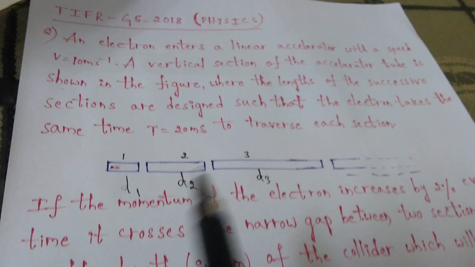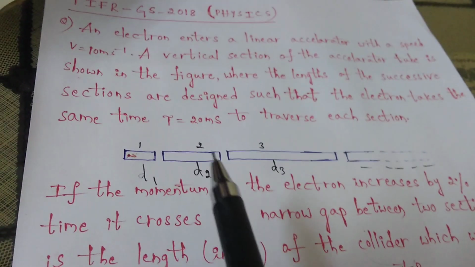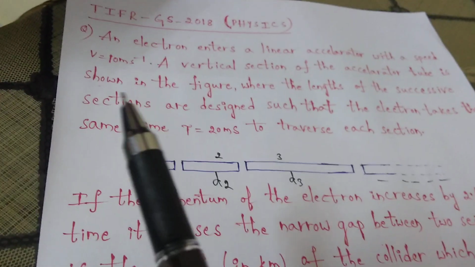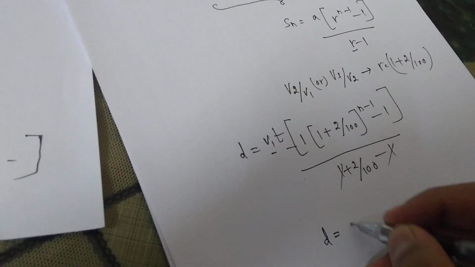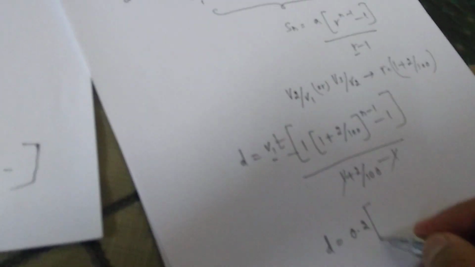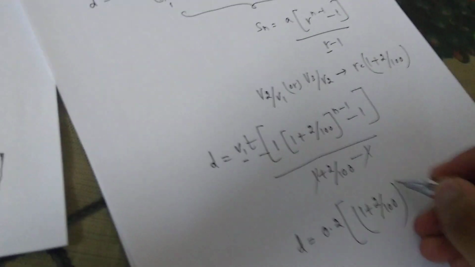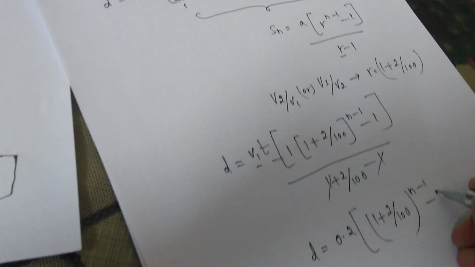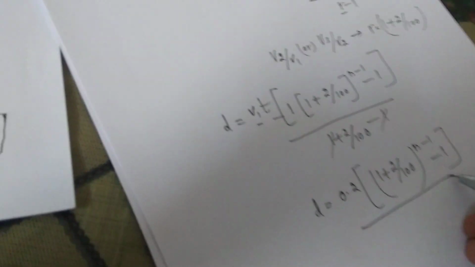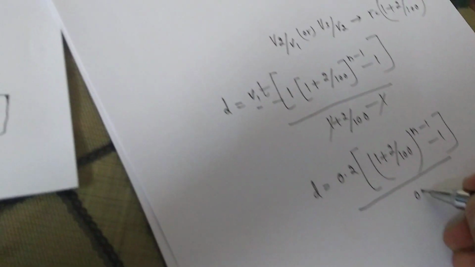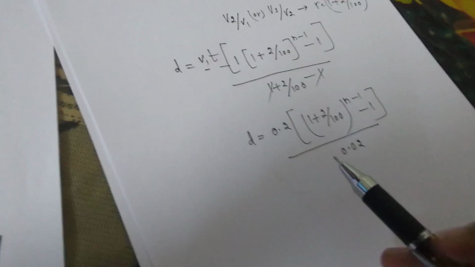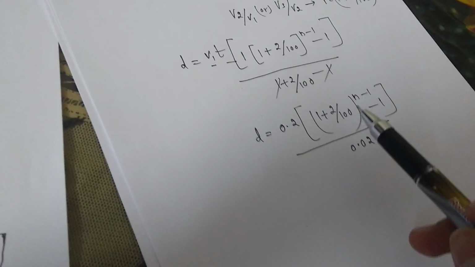V1 is 10 meters per second, and the time is 20 milliseconds. If you multiply, we will get 0.2 meters. So D is 0.2 into ((1 plus 2 by 100) to the power of n minus 1) divided by 0.02. Now the only thing we are unfamiliar with is what n is here.